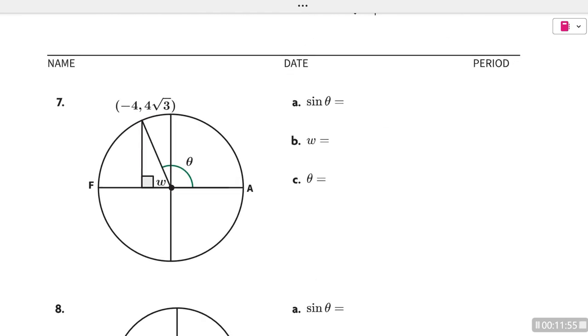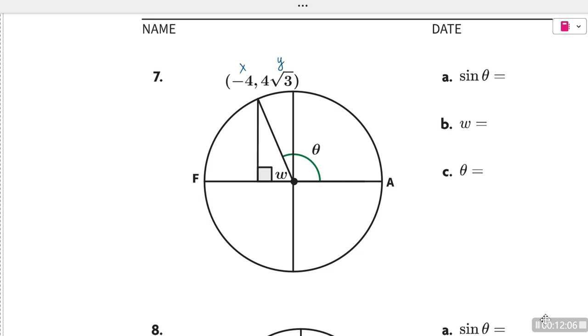So question 7, we have an x value of -4 and a y value of 4√3. Again, we need to find our hypotenuse. We might recognize that these are the ratios of a familiar triangle, but let's just calculate them. -4 squared plus 4√3 squared is going to give us our radius squared.